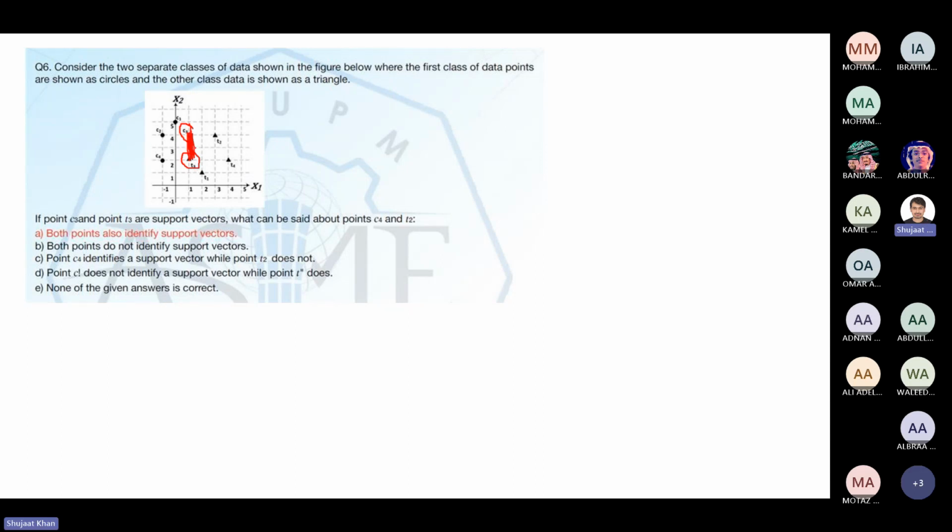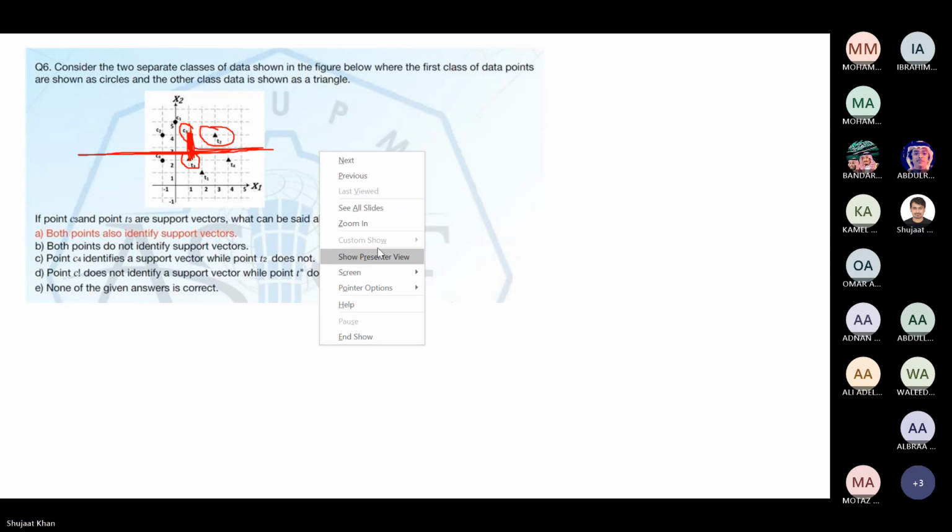Now the question is how to determine the slope. If you use this orthogonal line, this is actually not a good classifier. Why? Because this point is misclassified. So the hyperplane should include all the points in each class.